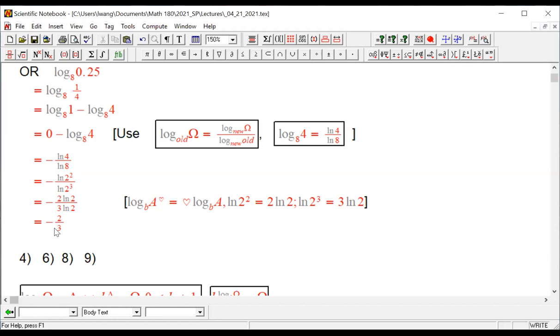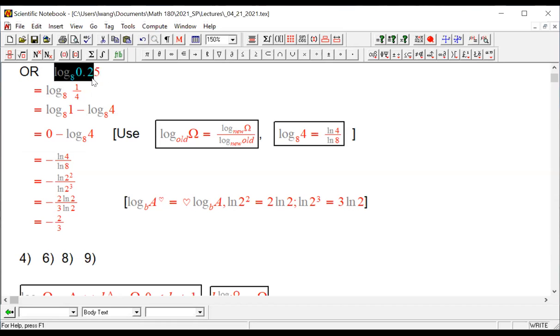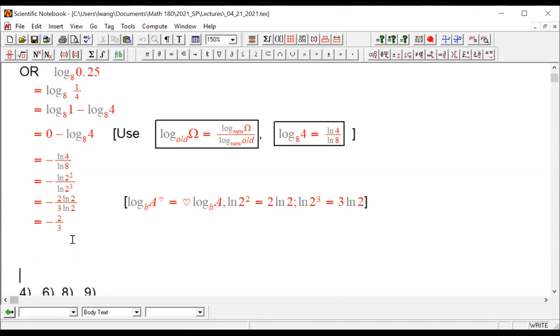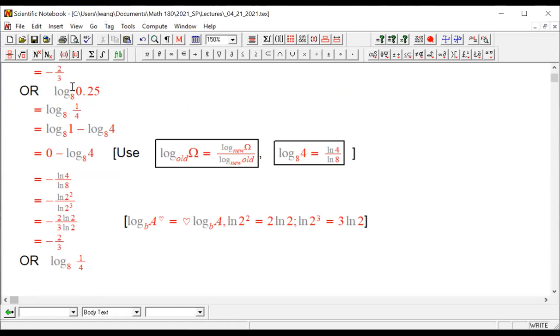So without further ado, as I promised, there's a way you don't have to use all of these, just simply by using the definition. I mentioned earlier that all the logarithm questions can be traced back to the definition.